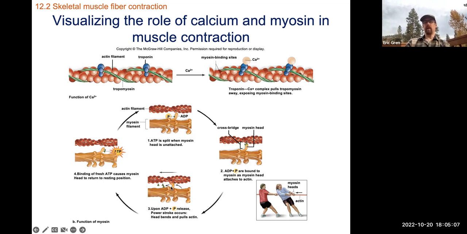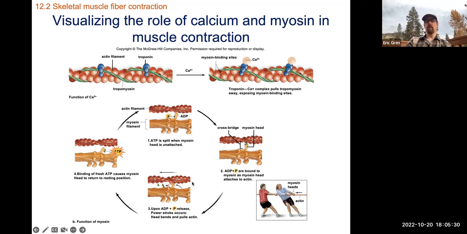The last step is that the binding head flexes, and as it flexes, it pulls against the actin in the opposite direction. In this picture, the myosin is moving left to right, and the actin is moving right to left.